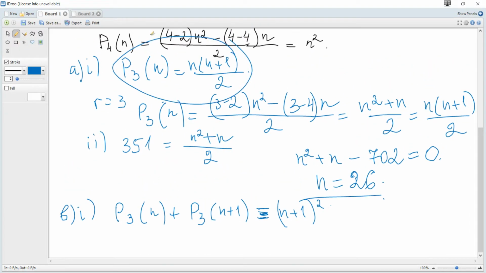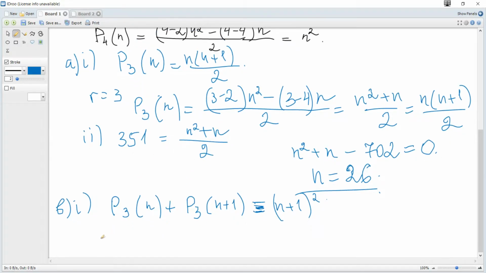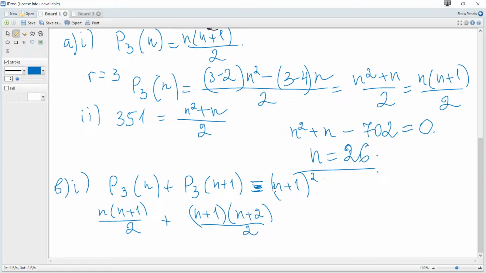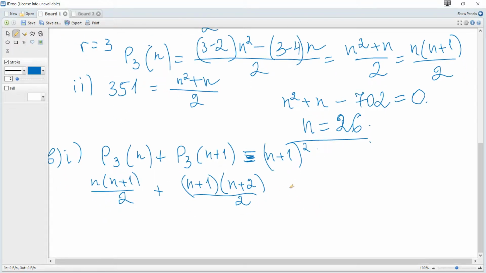So we use this general formula. It's n times n plus 1 over 2 plus the number with number n plus 1. So we substitute n plus 1 for n. It becomes n plus 1, n plus 1 plus 1, so n plus 2, over 2, which is equal to n plus 1 times n plus n plus 2. And we can see that it's n plus 1 multiplied by n plus 1, so n plus 1 squared, as required.